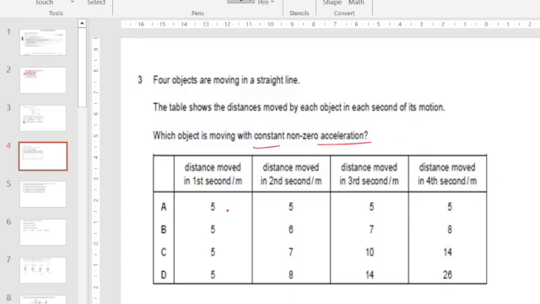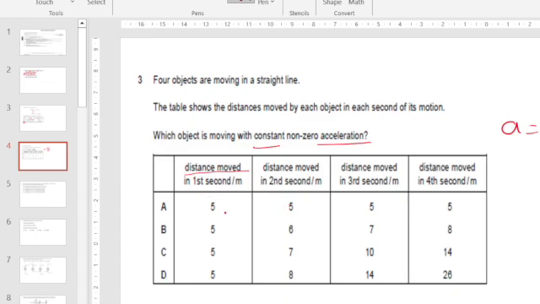So option A, if you calculate the acceleration, that is change in velocity by time taken. It's actually distance moved.